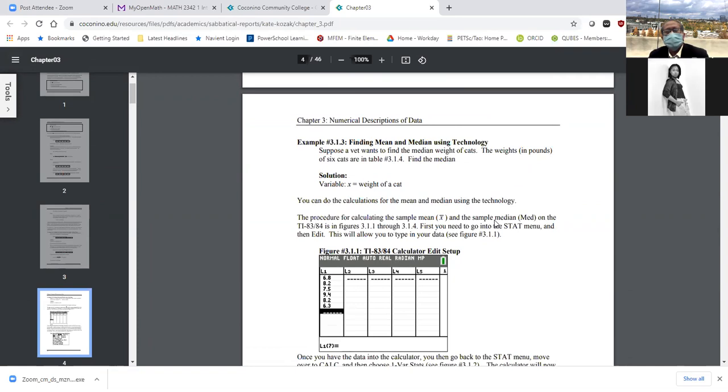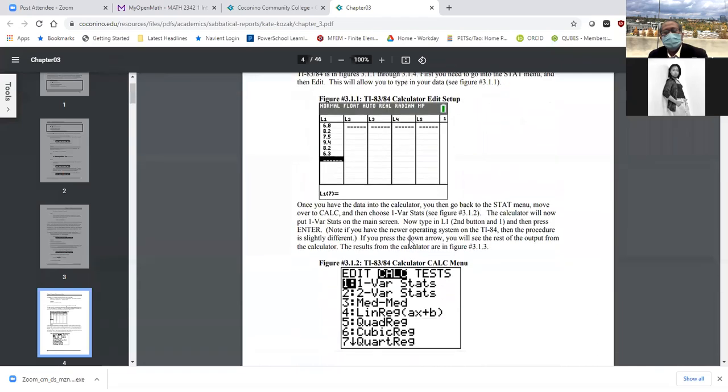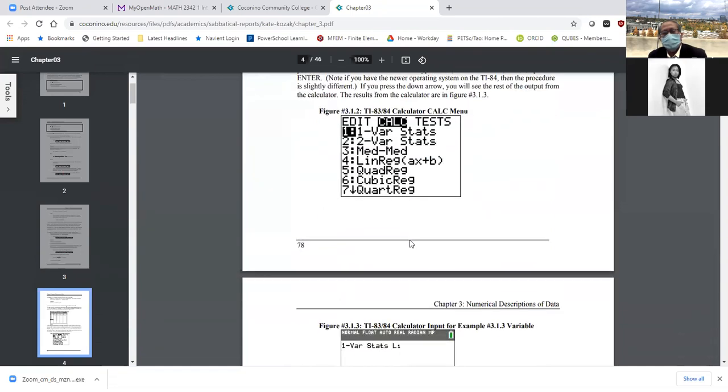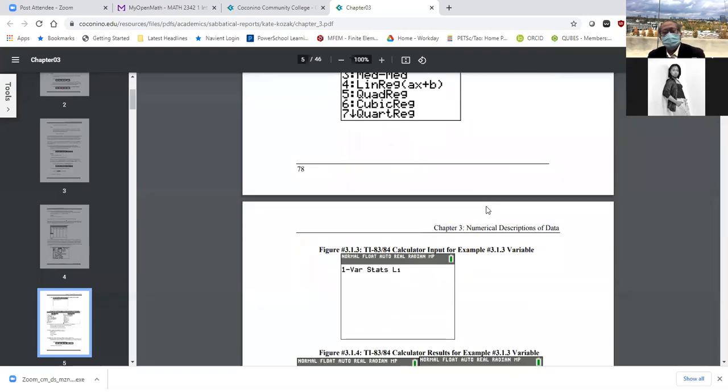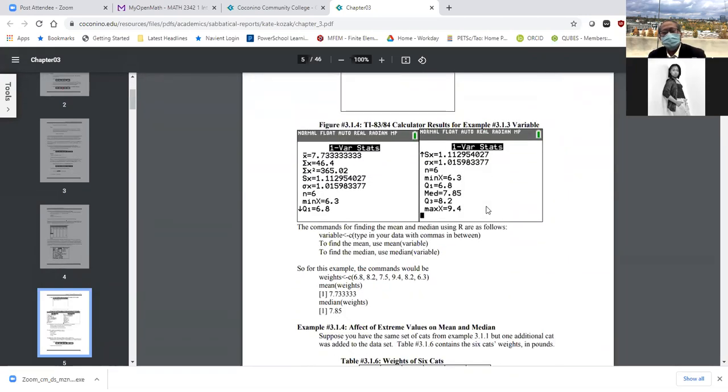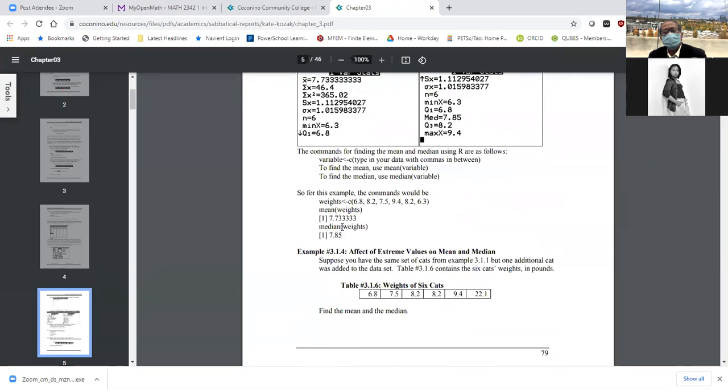You can also use a calculator here. I already gave you the Excel file, and I will also give you the Google Sheet. And you can also use R. First you need to create a numerical vector of data, right?